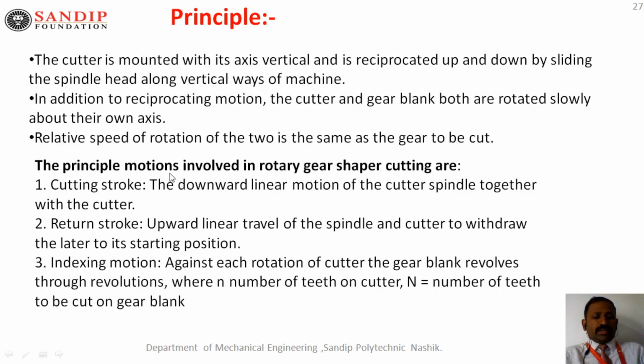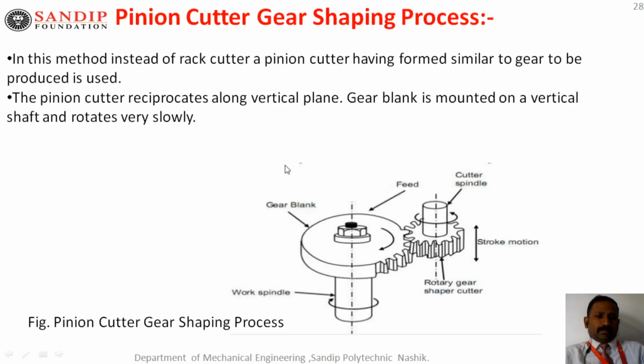For each rotation of the cutter, the gear blank revolves through a fraction of a revolution, depending on the number of teeth on the cutter and the number of teeth on the gear blank. Now the pinion cutter gear shaping process. Already said that, just remember rack and pinion cutter. So now just observe this figure.